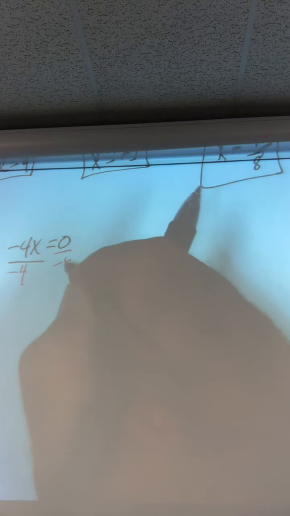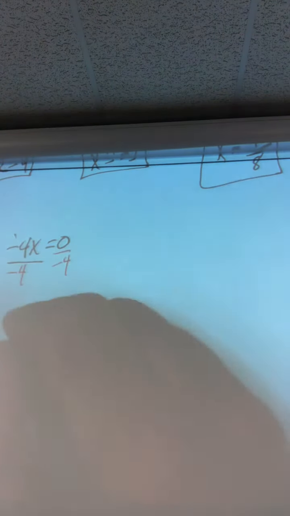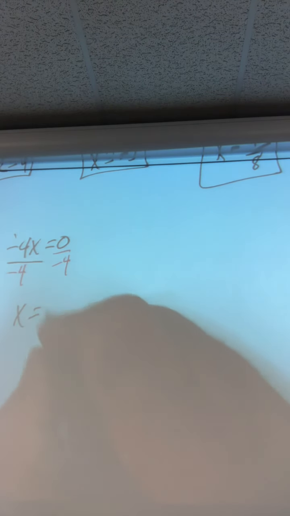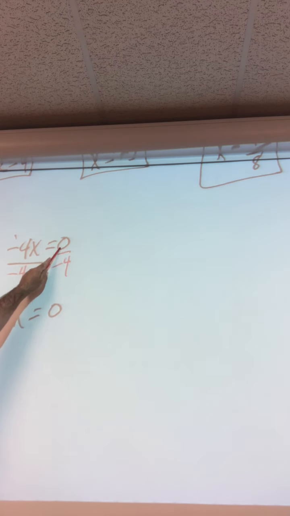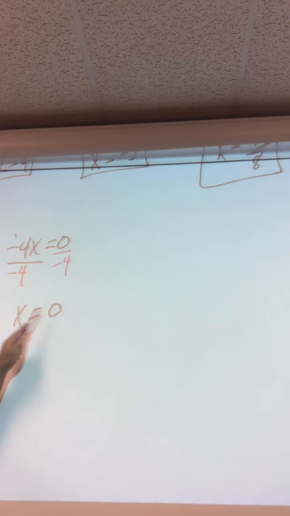You divide just by the coefficient. But whatever you do to one side, you have to do to the other. These cancel, and then this would be just 0. Where did that come from? Remember we learned in the last section, 0 divided by any number is still just 0.